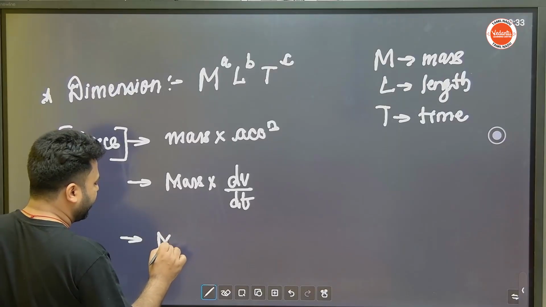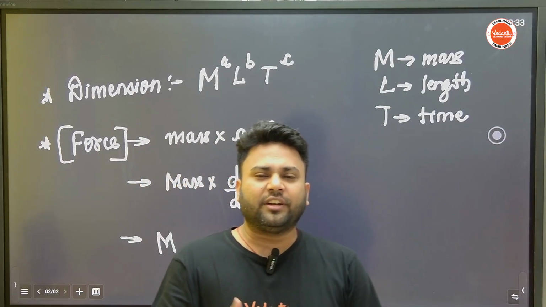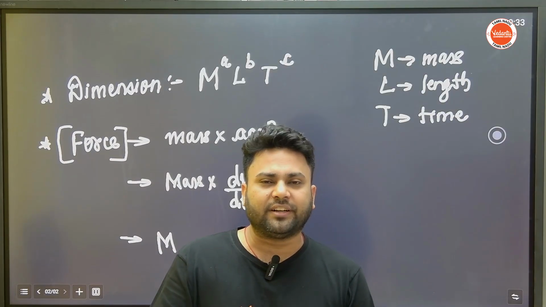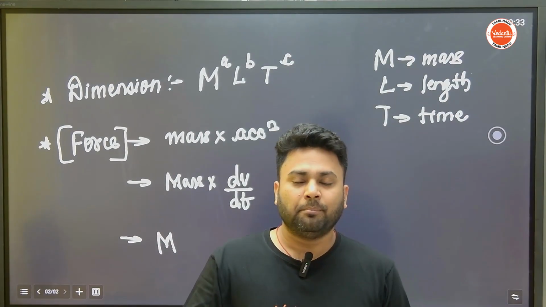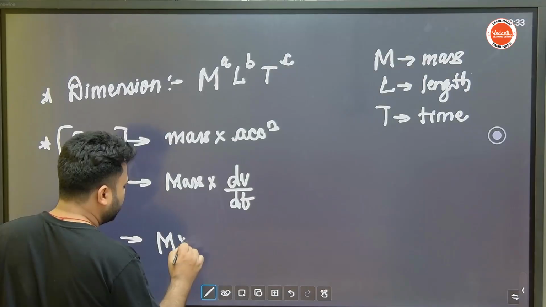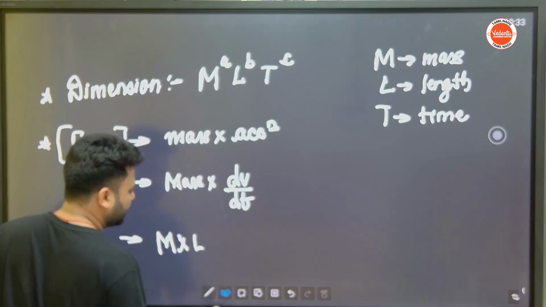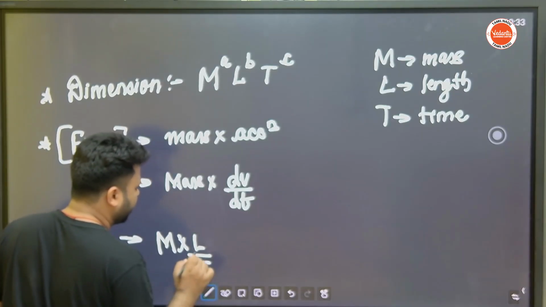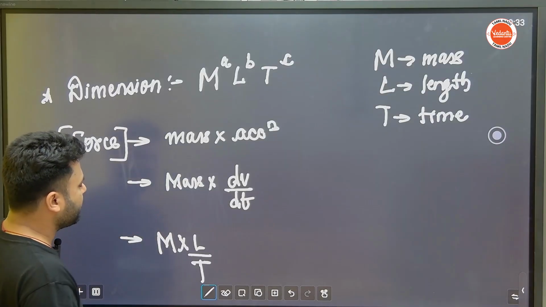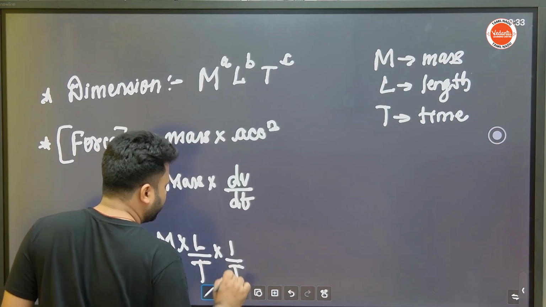For mass, I will write M. Change in velocity: what is the SI unit of velocity? Meter per second. Meter means length, per second means per second time. So this is change in velocity divided by time. Again one time I will add.